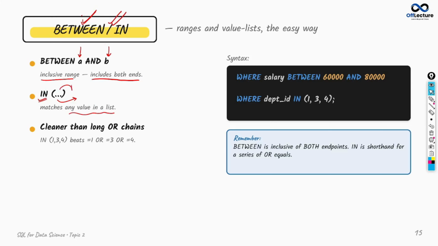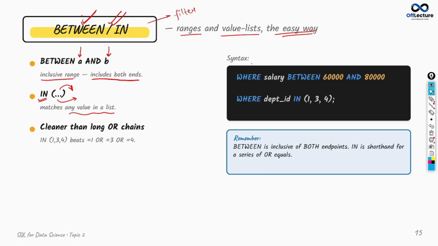So whatever values you give inside these round braces, it matches any value in the list and gives you the output on that basis. This is the easy way to filter your data, your range, or your value list.